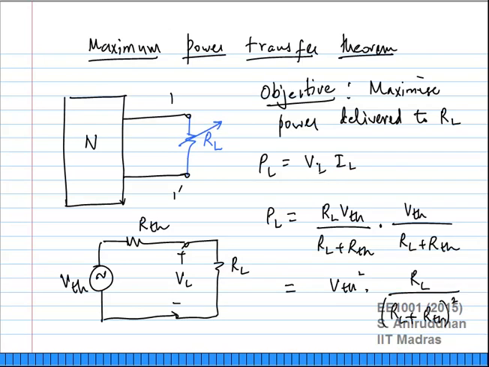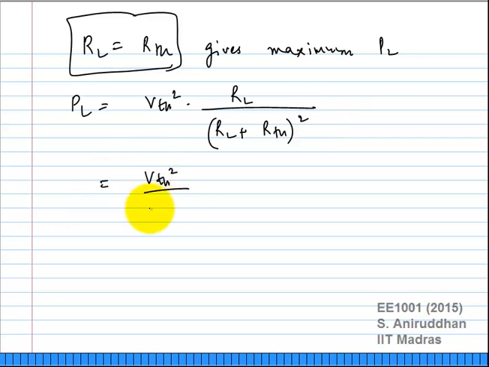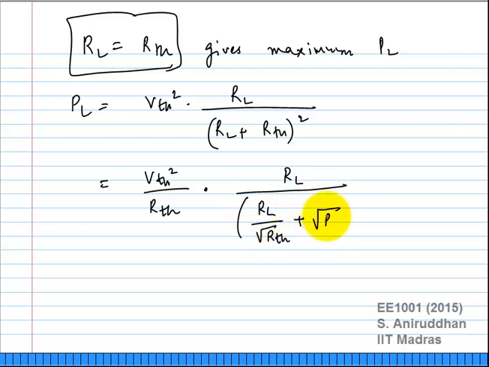Let me do it in a slightly different way. So PL is VTH squared times RL by RL plus RTH whole squared. Okay, so I am VTH squared by RTH into RL by RTH plus RL squared, correct?